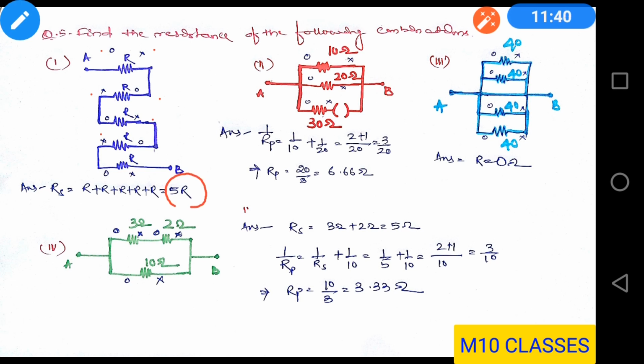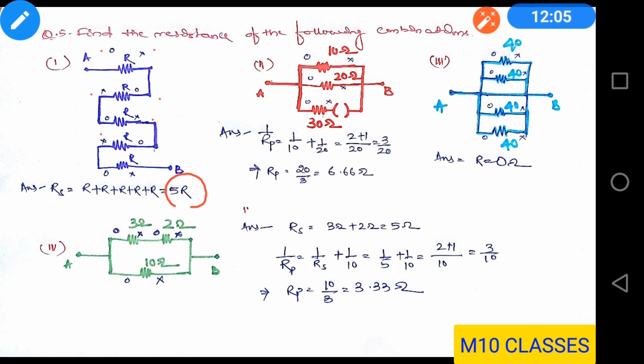Okay. Now coming to the next question, there are 3 resistors, that is 10, 20 and 30. So they all are in parallel, as you can see. So 1 by Rp equals 1 by 10 plus 1 by 20 plus 1 by 30. Oh no, no, it's wrong. Now see here, in the case of the 30 ohm resistor, you have a plug key, but it is open.